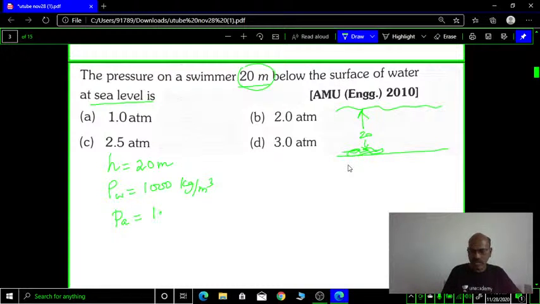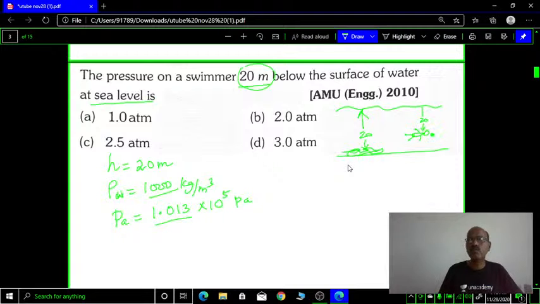We know the constant value 1.013 into 10 power 5 Newton per meter square or Pascal. Density of water is 1000 kg per meter cube.